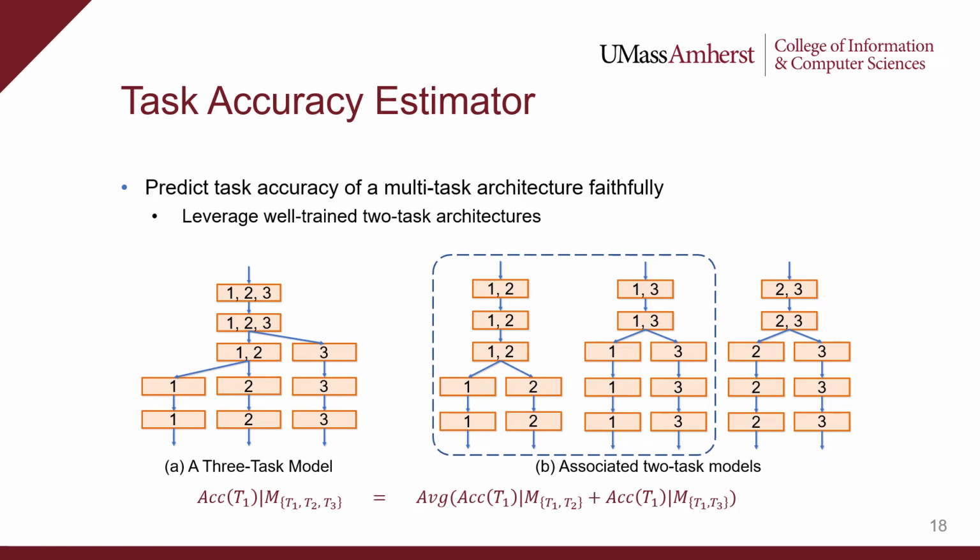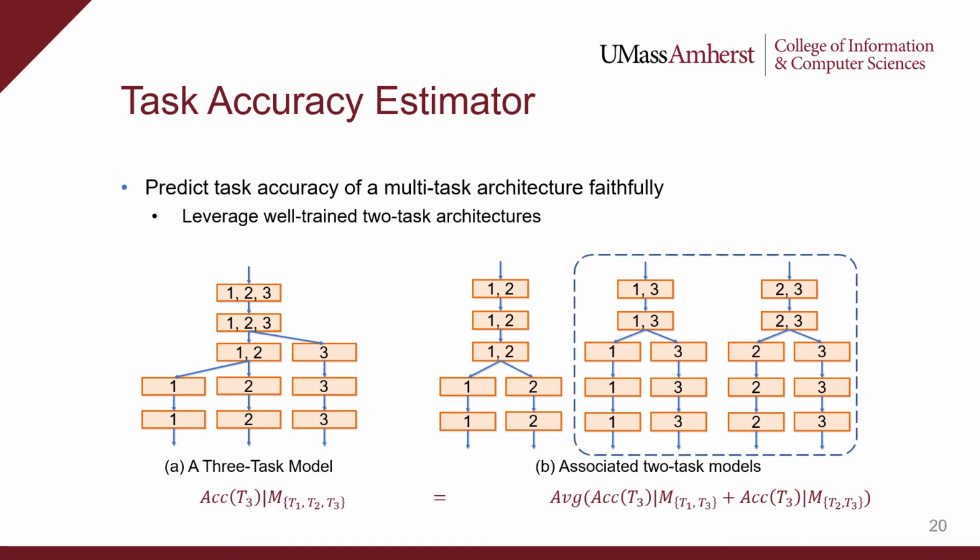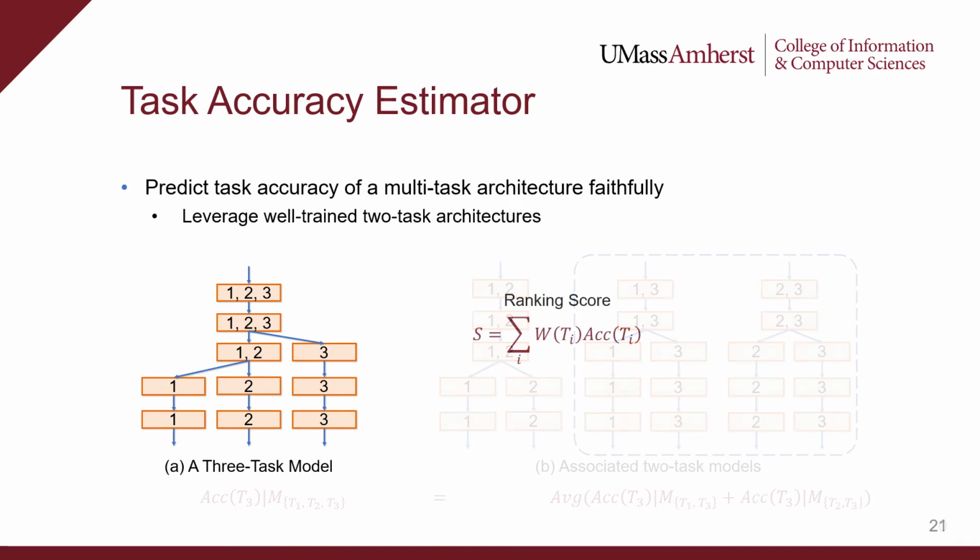Therefore, we propose to estimate task 1's accuracy of the three-task model by averaging task 1's accuracy of the first and second two-task models. Then for task 2, its accuracy is the average of that of the first and third two-task models. And for task 3, we estimate its accuracy from the second and third two-task models.